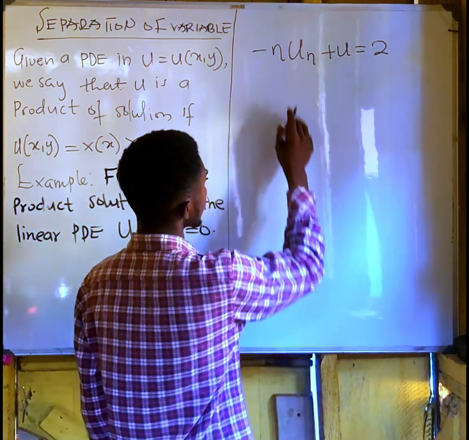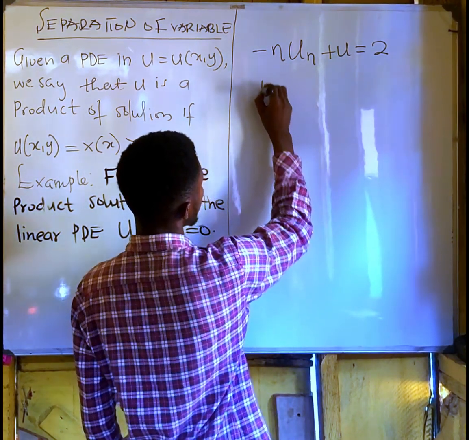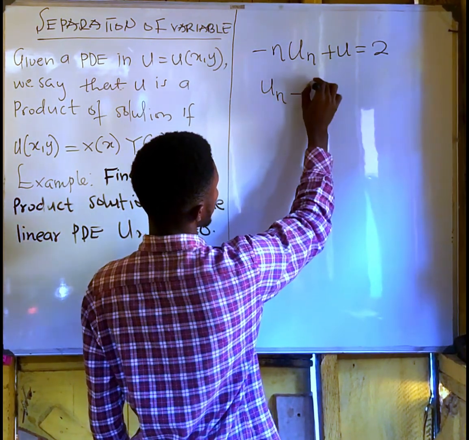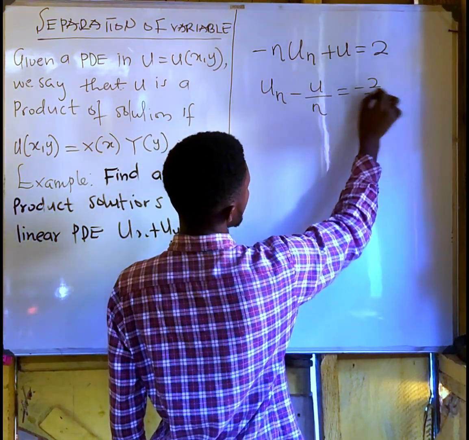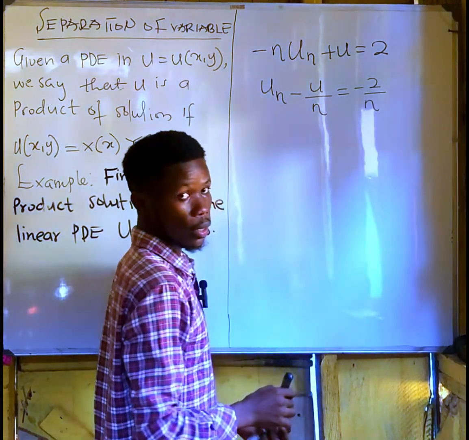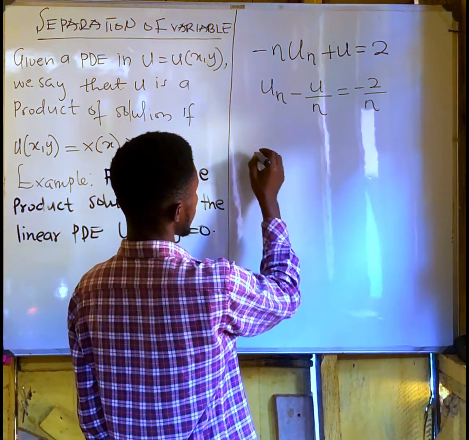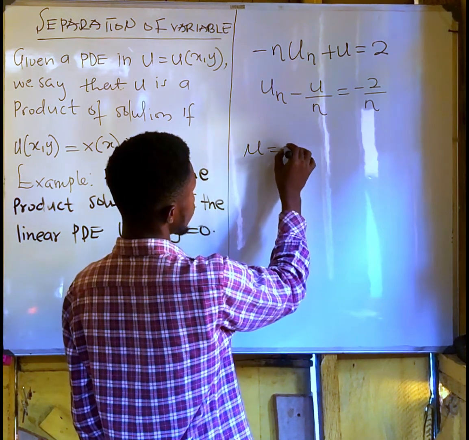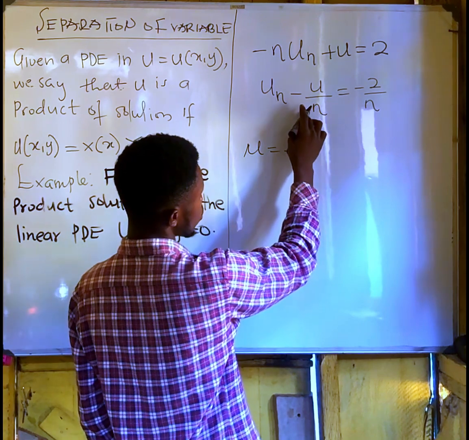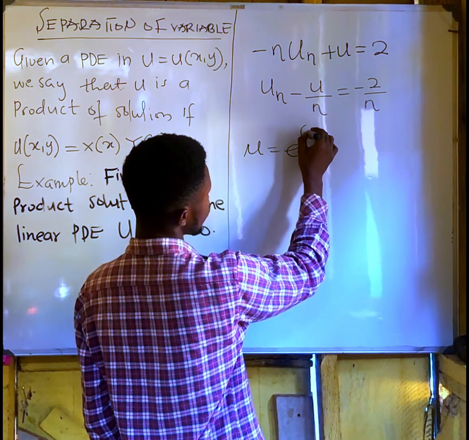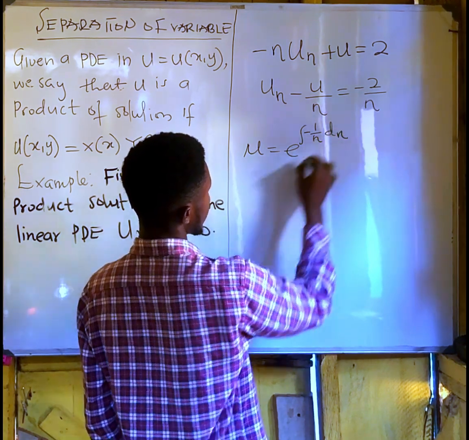So what you are going to do here is divide through by the negative eta, so that you have u_eta minus u over eta equals negative 2 over eta. Is that okay? So for this case, if you are using the integrating factor, mu will be equal to e to the power of the integral of negative 1 over eta d eta.